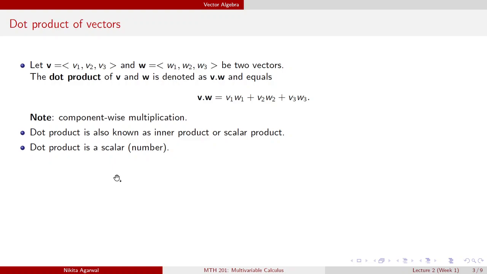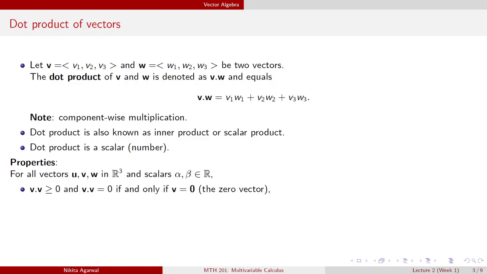It is a scalar number, right? So when you multiply these corresponding components and you add them, you get a real number. So this gives you input two vectors and what you get out is a real number.